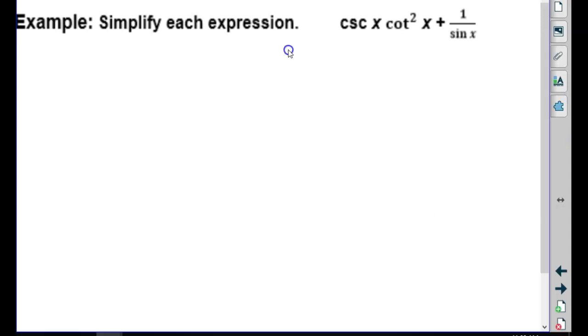All right, here we go. I don't know if this one's done for you, but it says cosecant, which I can trade for a 1 over sine. Cotangent squared, maybe you don't even have this example. It's on the back, okay. Cotangent squared. Do not trade that for 1 over tangent squared, okay?